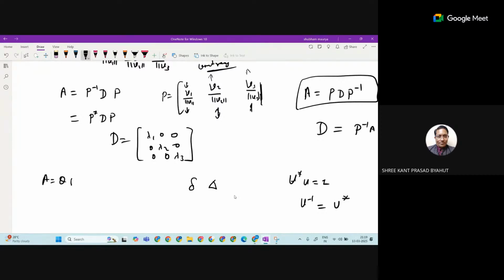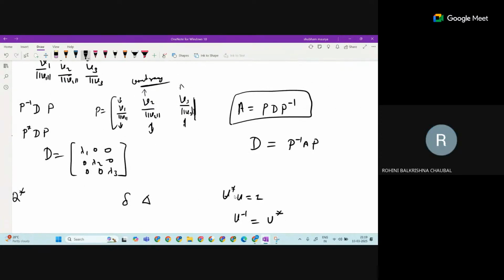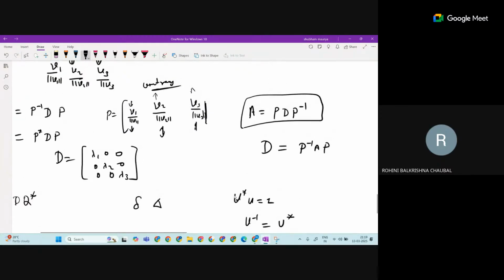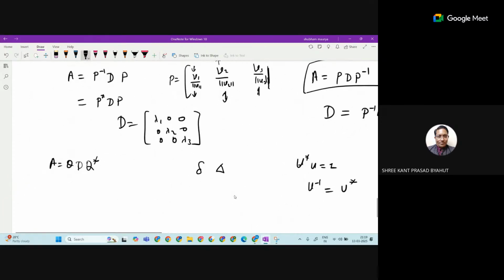D and Q star, this formula is the same. Here, Q1 delta Q2, no, that is SVD. That is different. This one is the Hermitian diagonalization.